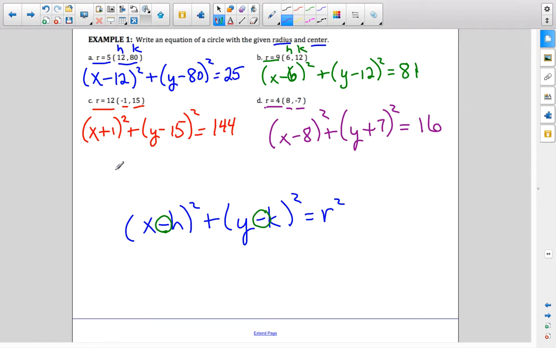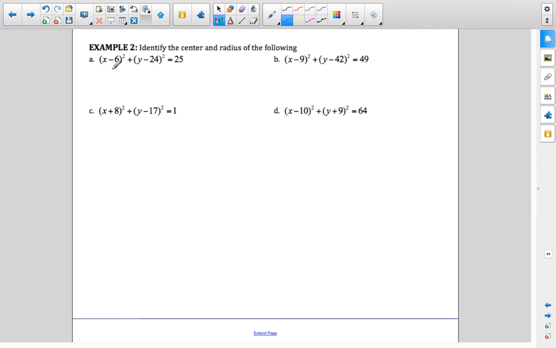Okay, now we're going to be doing the reverse, about halfway down the page. We're going to be given the equation, and we're going to identify the center and the radius. So here we have a, and remembering my formula, (x minus h) squared plus (y minus k) squared equals the radius squared.